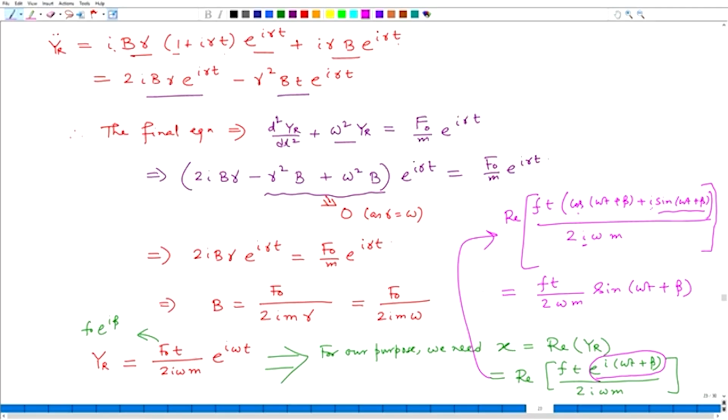So this is actually your x t. The conclusion is that when omega is equal to gamma, the particular integral part of the displacement is not in phase, but it is 90-degree phase shifted with respect to the periodic force which is acting on the oscillator.